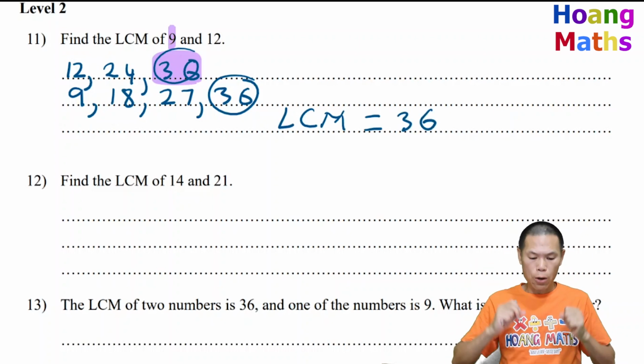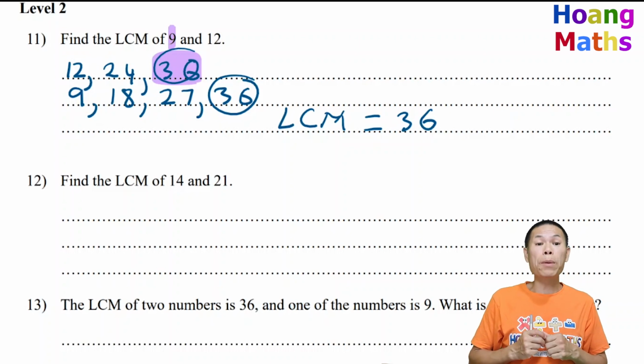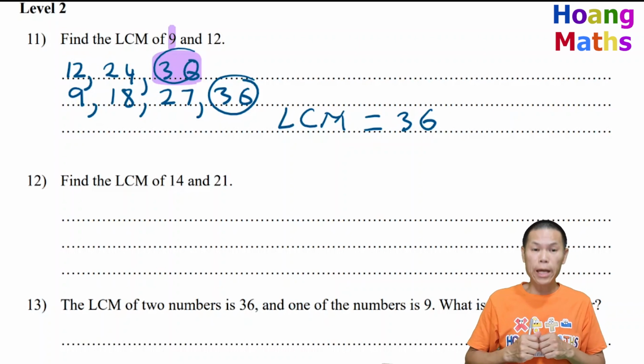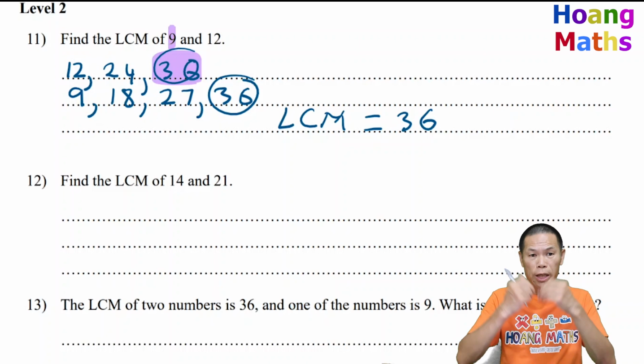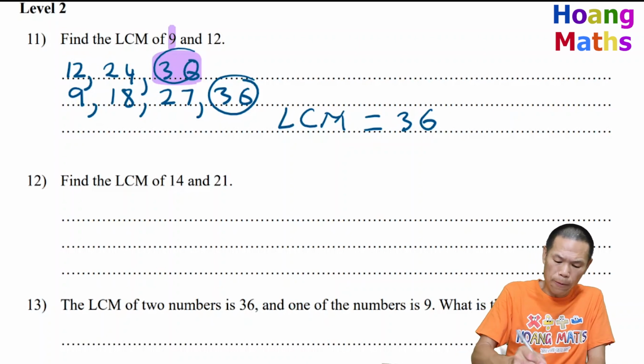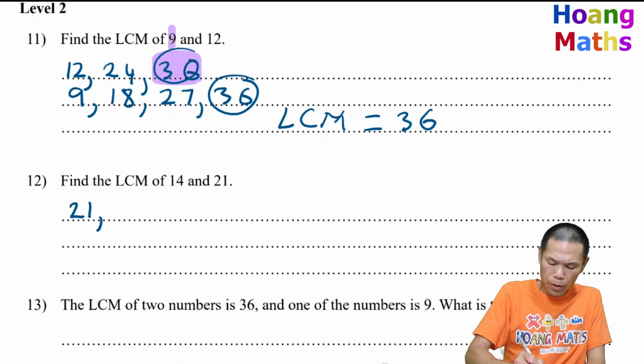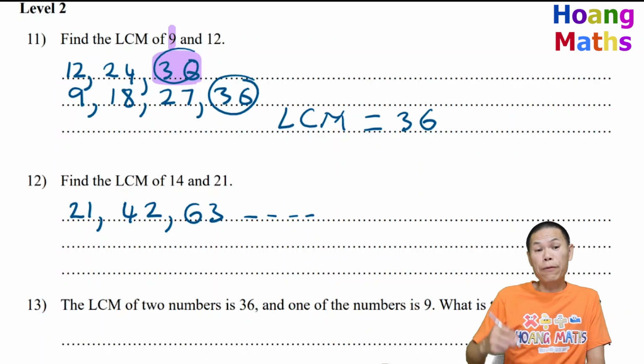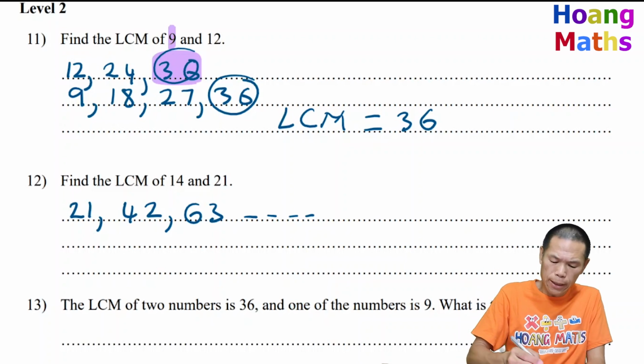Find the lowest common multiple of 14 and 21. So we just list the multiples of 21. We have 21, then 42, 63, and so on. And for 14, if you cannot see it, of course, we can write 14 out.